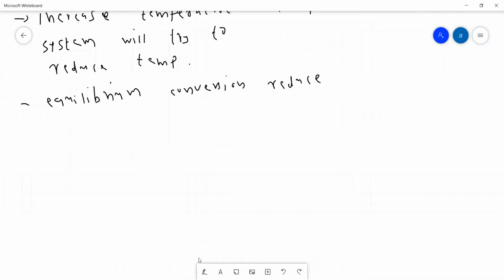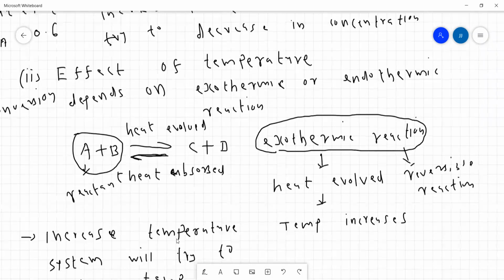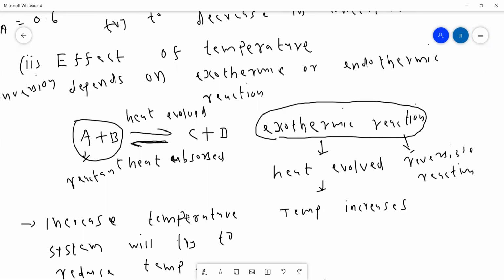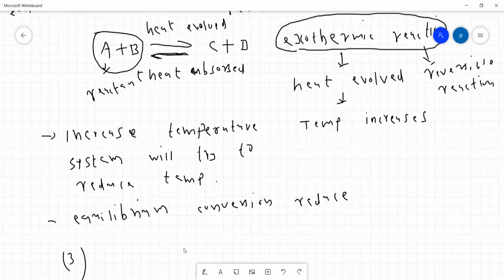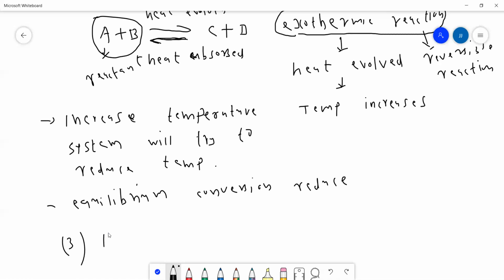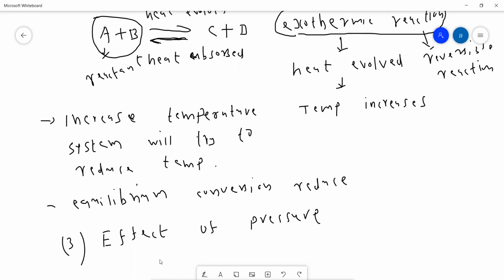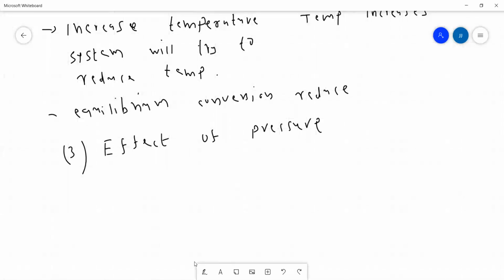What is the third, the effect of pressure? Especially for a gas phase reaction.